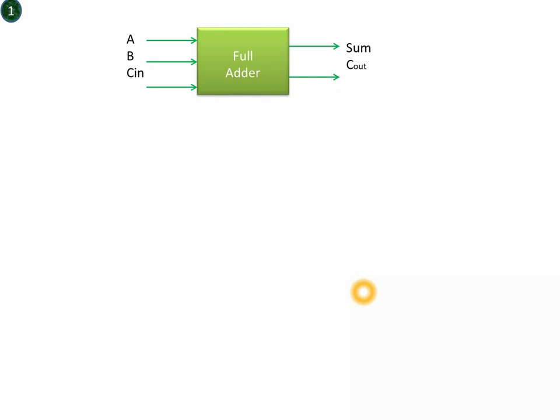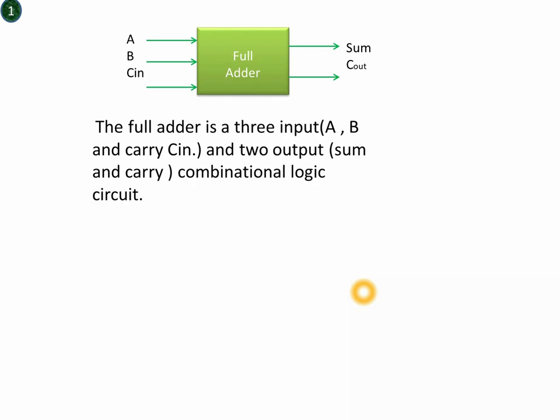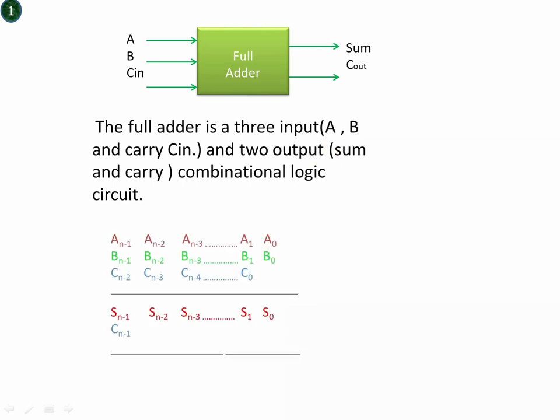The full adder consists of three inputs and two outputs. When we add two numbers a and b, we assume that a consists of n bits, a0 to a(n-1), and b consists of n bits, b0 to b(n-1).